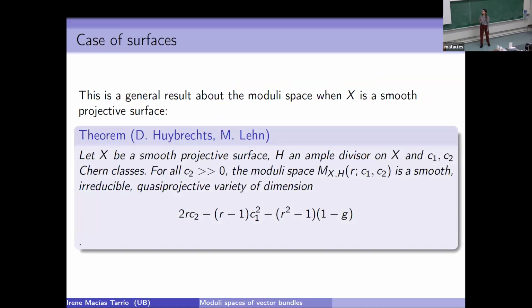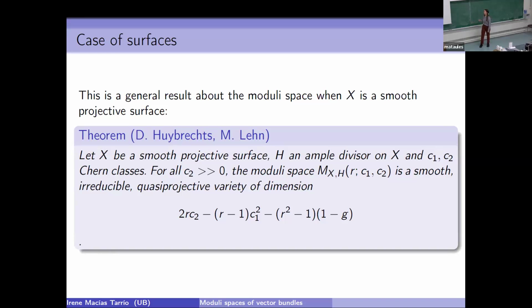For the case of surfaces, this is a general result, or you can find it in the book of Daniel Huybrechts and Manfred Lehn, about how the moduli space looks for the case of surfaces. We have a projective surface and an ample divisor of the surface, and we consider a vector bundle with these Chern classes. In this case of surfaces, the second Chern class will be an integer. The result says that if we take the second Chern class very big, we know how the moduli space looks.